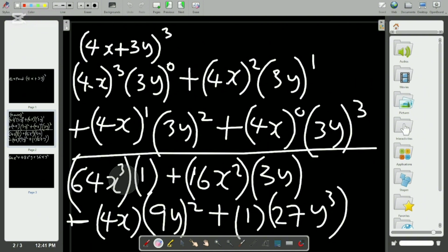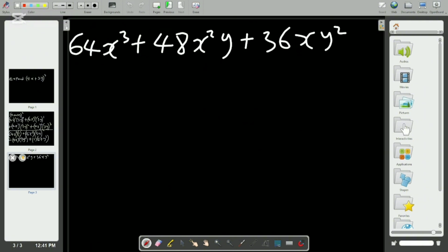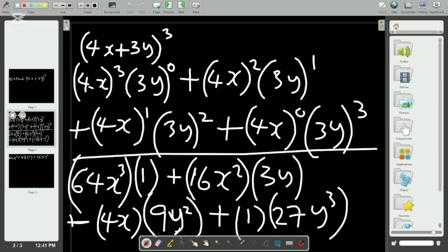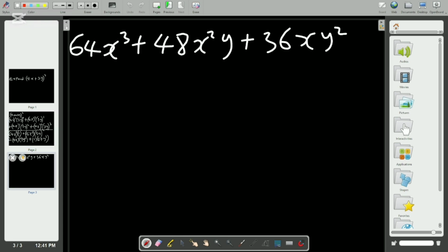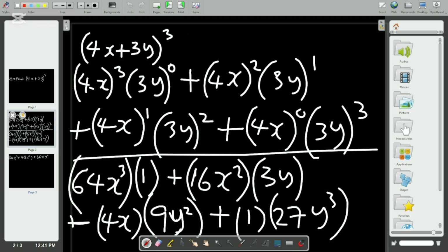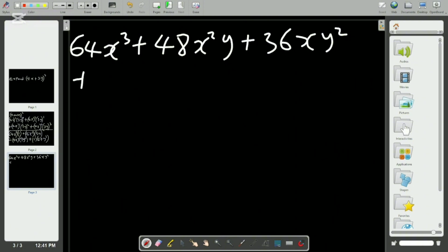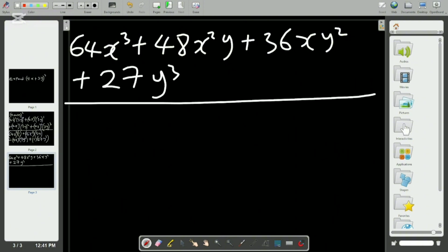Exactly. So let me just quickly correct this. So 36xy squared, plus 27y cubed. All right, so this is what we have.